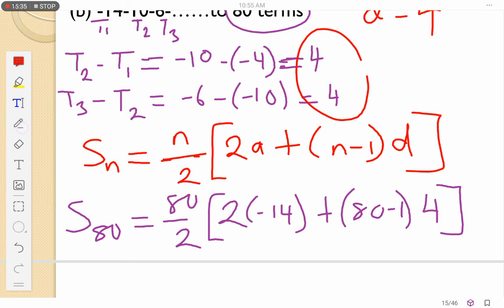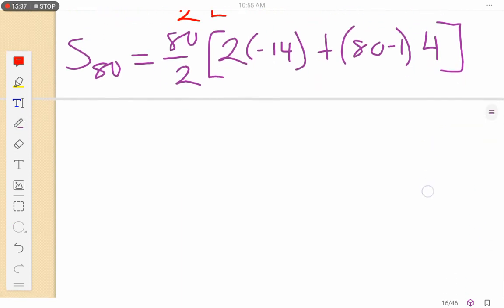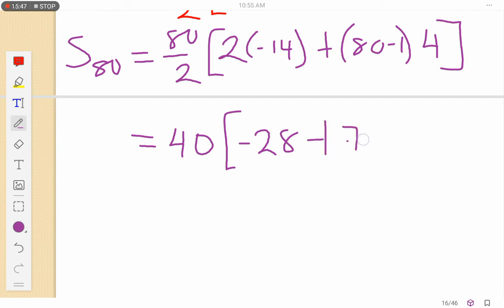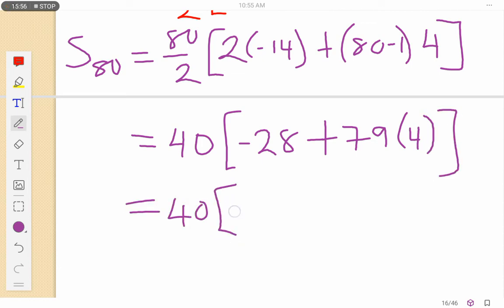Now we can simplify. Simplifying this one, we'll get 40 by minus 28, then here I've got plus 79 by 4. So I'll end up having 40 by minus 28 plus 316.